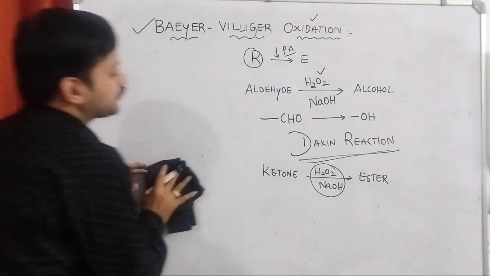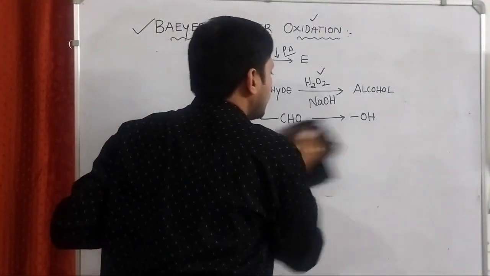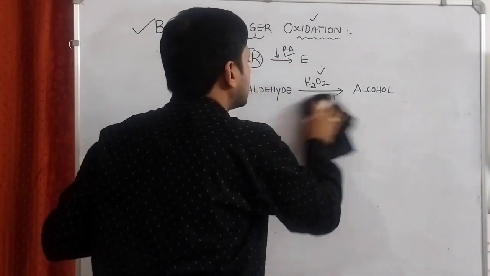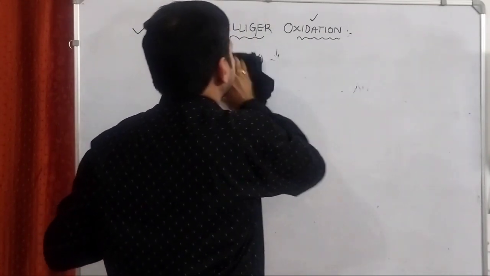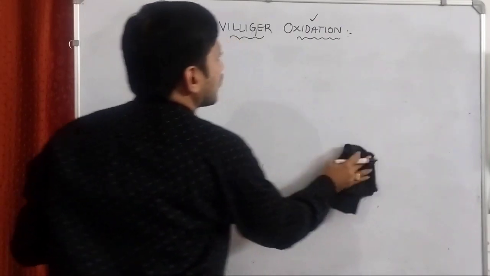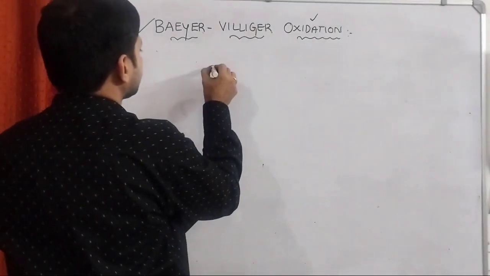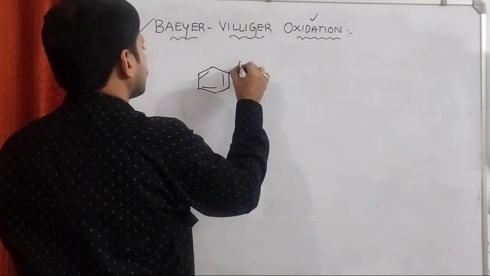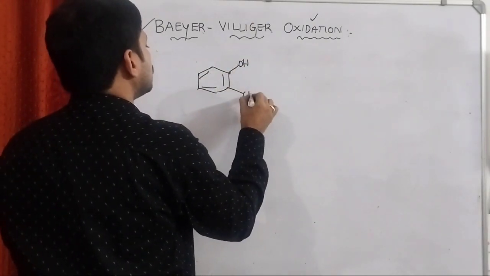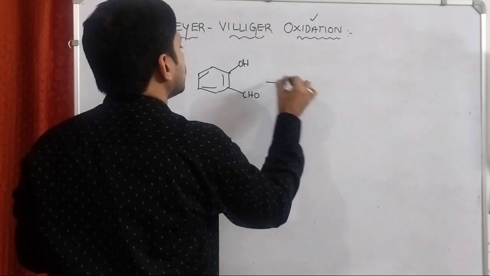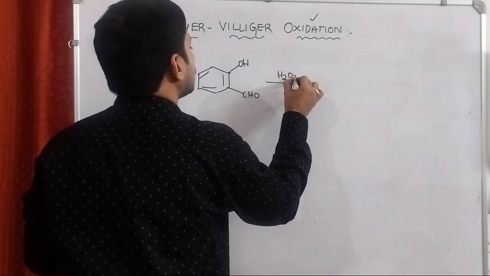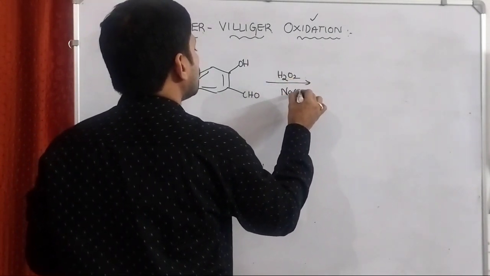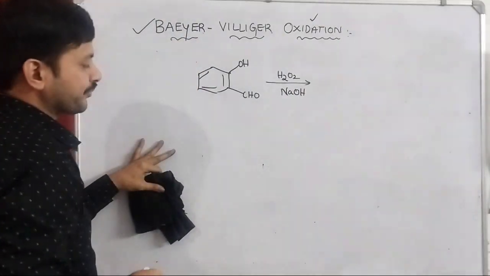So let us see this transformation, how the aldehydes are converted into the corresponding alcohols. The CHO is going to be treated with H2O2 in NaOH.